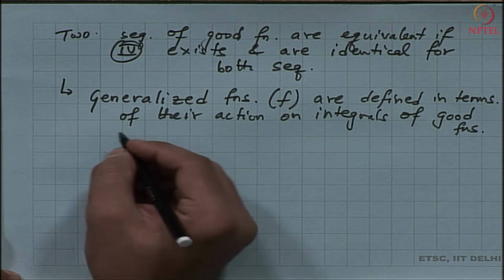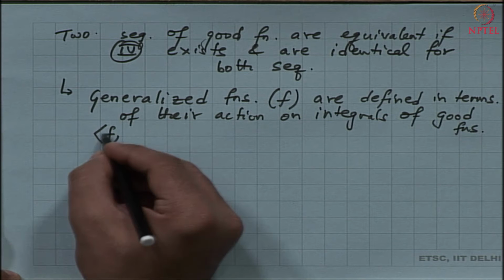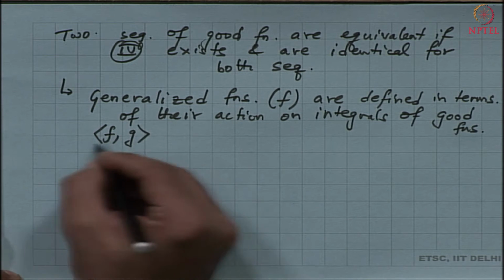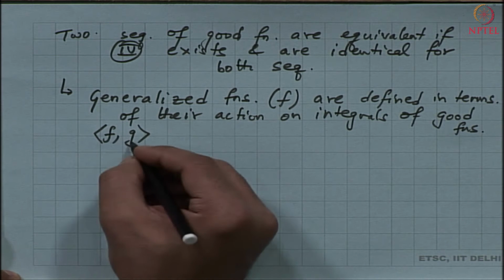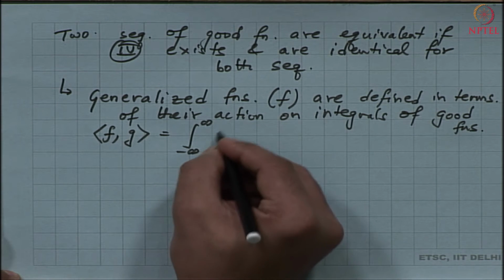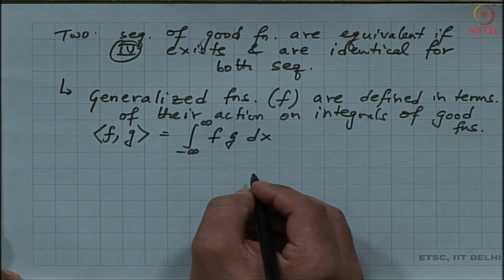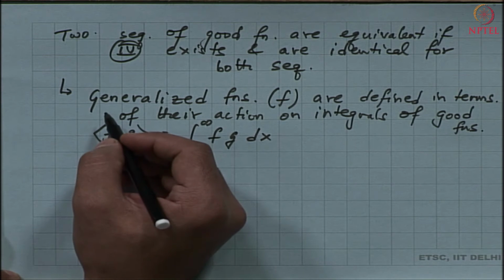So, what do I mean by that? If I have this function f and I am using this bracket notation, it is defined as follows. The bracket of f comma g is actually the integral from minus infinity to infinity of f times g dx.